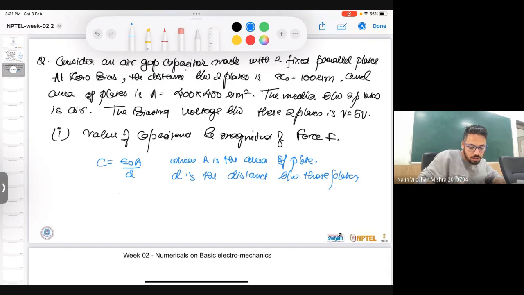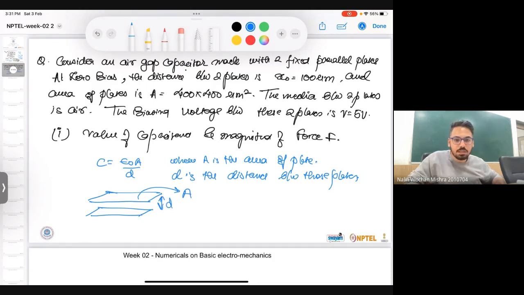So basically, if there are these two parallel plates, then the area would be like this, and D is the separation between these two plates. You need to use this formula for calculating the value of capacitance.